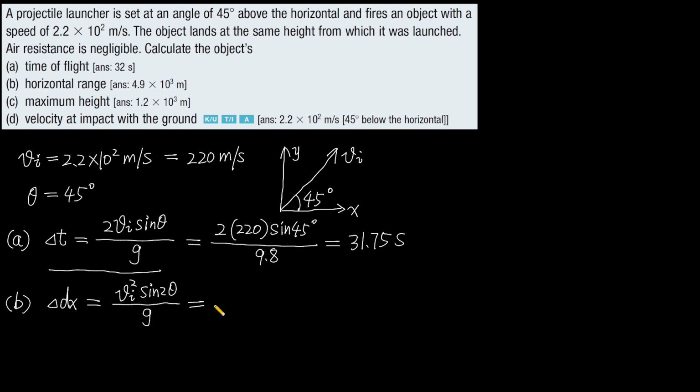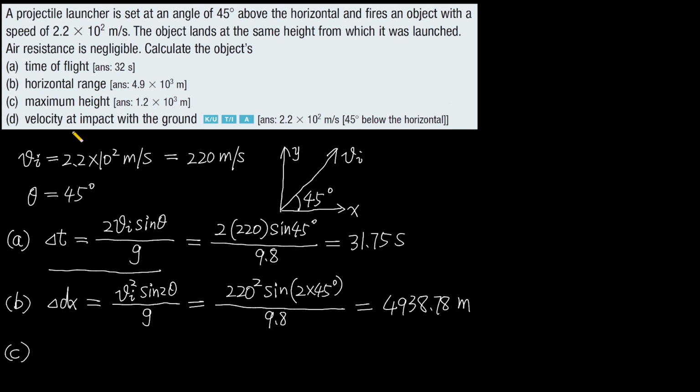Then this equals 220 squared multiplied by sine 2 theta. 2 theta is 2 multiplied by 45 degrees. So it's sine 90 degrees. Sine 90 degrees is 1, and divided by 9.8. And this equals 4938.78 meters.